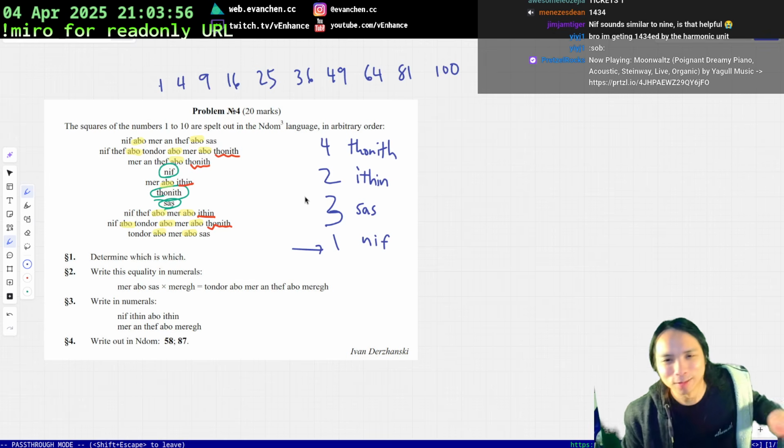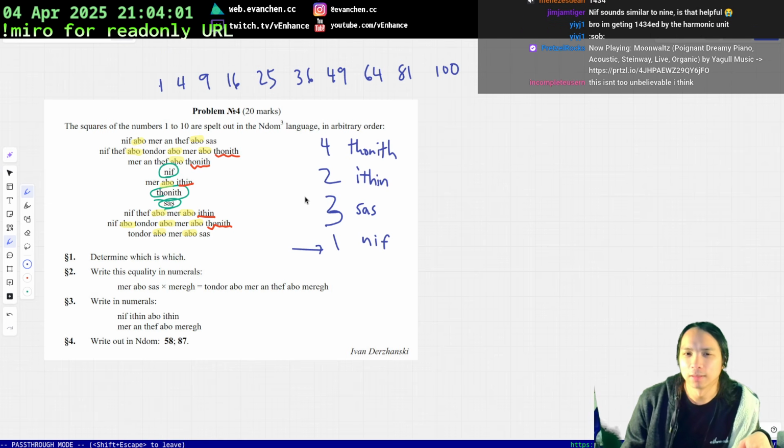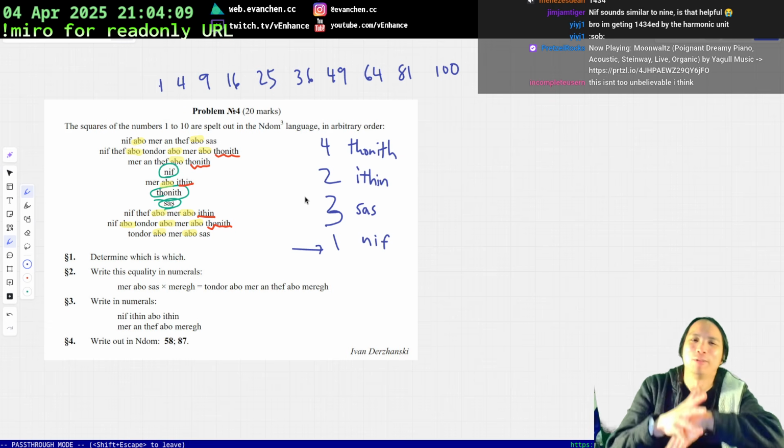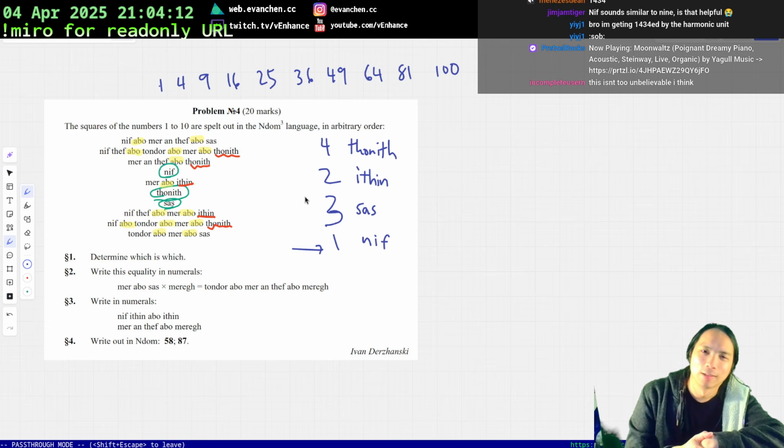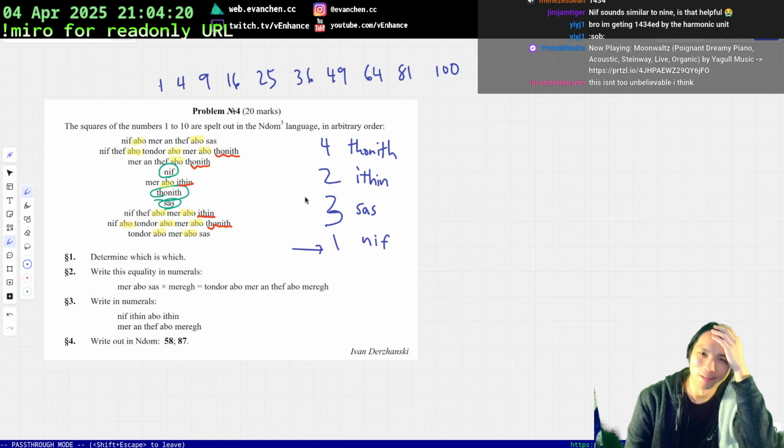The reason my conspiracy theory isn't working well for me is because Thonith and Sass, Ithin, Mer Opal is. I really want a base for which like... See, I was thinking about base 6 for a while too.